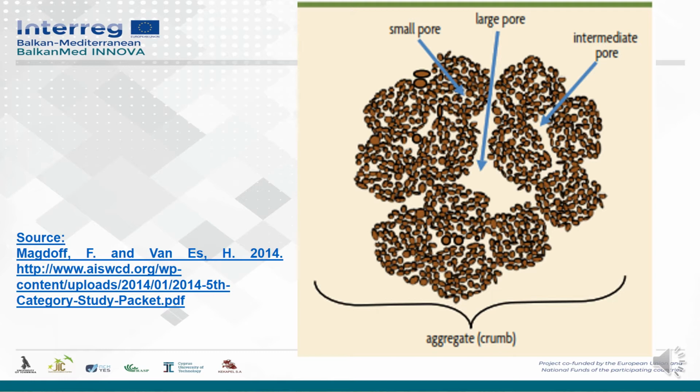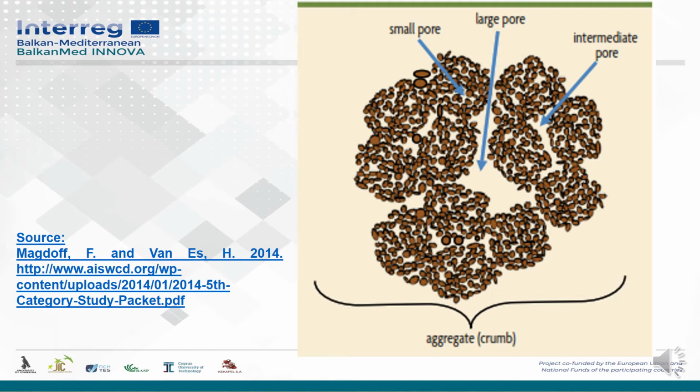And just imagine that you have, for example, some seeds that are put in a container. Between these seeds, since they are, let's say, like the granules that we see here in this image, they create pores.